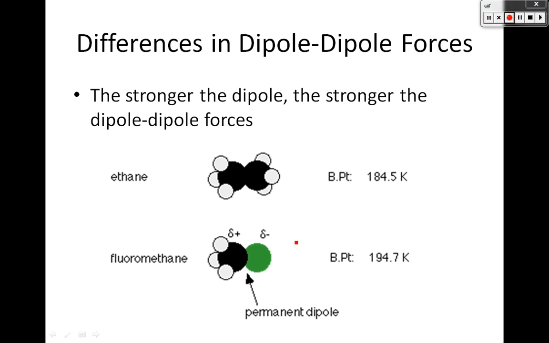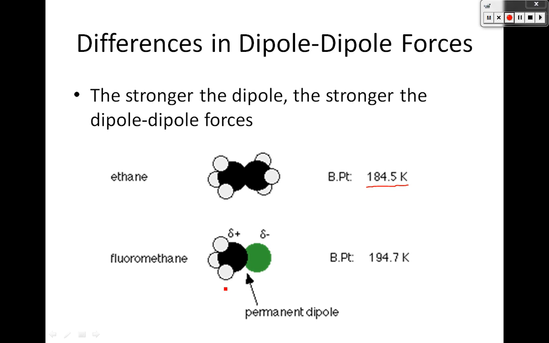You'll notice ethane is nonpolar, and it has a boiling point of 184.5 degrees Kelvin. If you're not familiar with the Kelvin scale, 0 Celsius is 273 Kelvin. We'll talk more about that a little later.